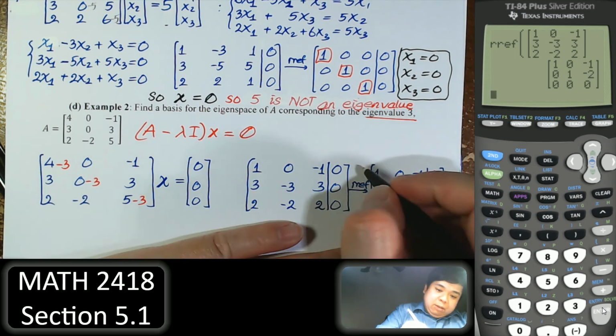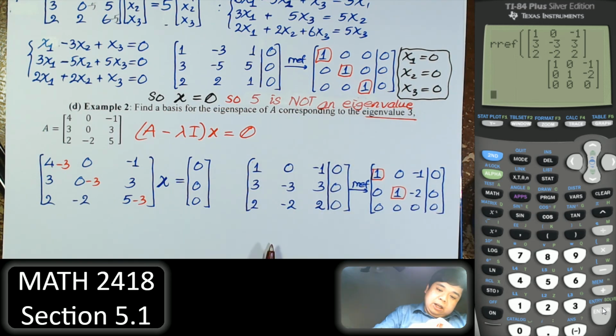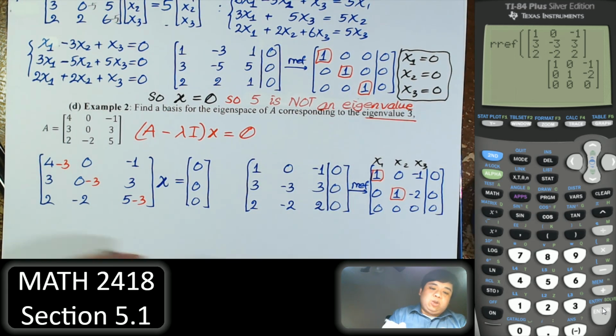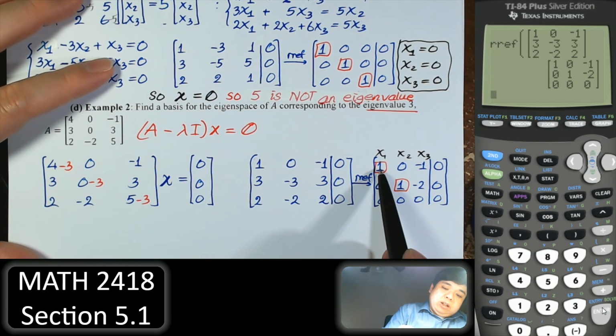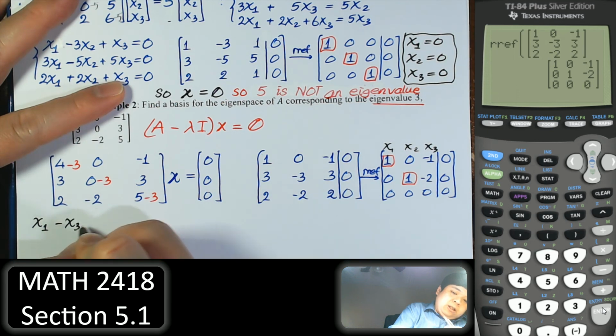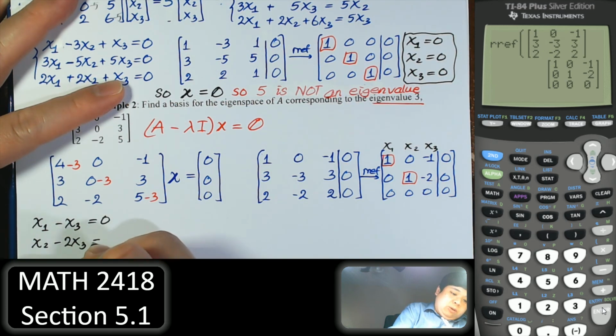Here we have the pivots here and here, and x3 is free. So we write the equations x1 minus x3 equal to 0, x2 minus 2x3 equal to 0, and x3 is a free variable.